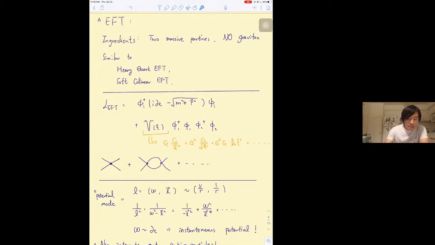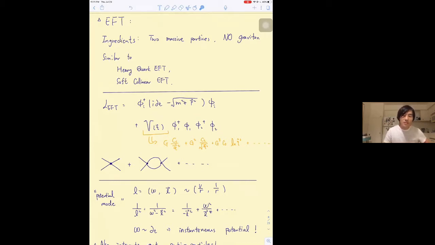So this is the corresponding Lagrangian. We have a scalar field phi corresponding to these massive particles. We have a kinetic term whose dispersion relation is given by the usual E squared equals p squared plus m squared. And the interaction is given by this phi-4 interaction. What we usually call the potential, from this point of view, is actually the Wilson coefficient in front of this phi-4 interaction.